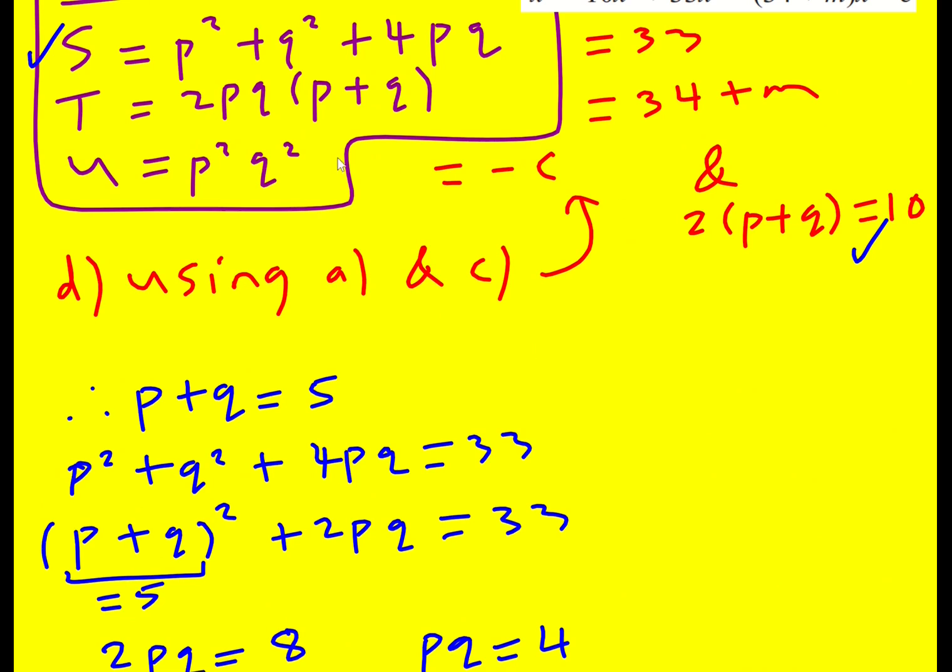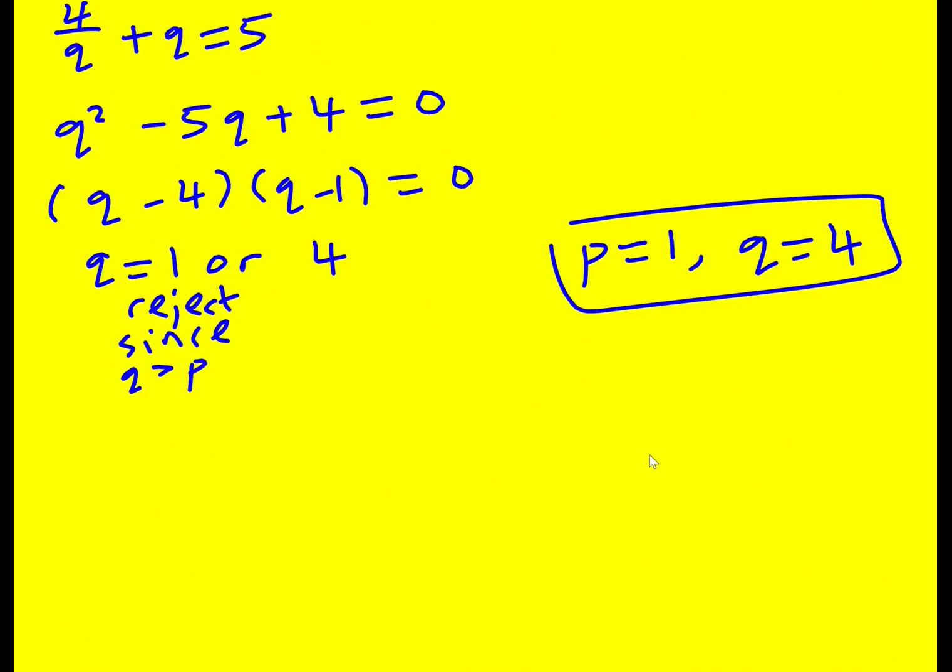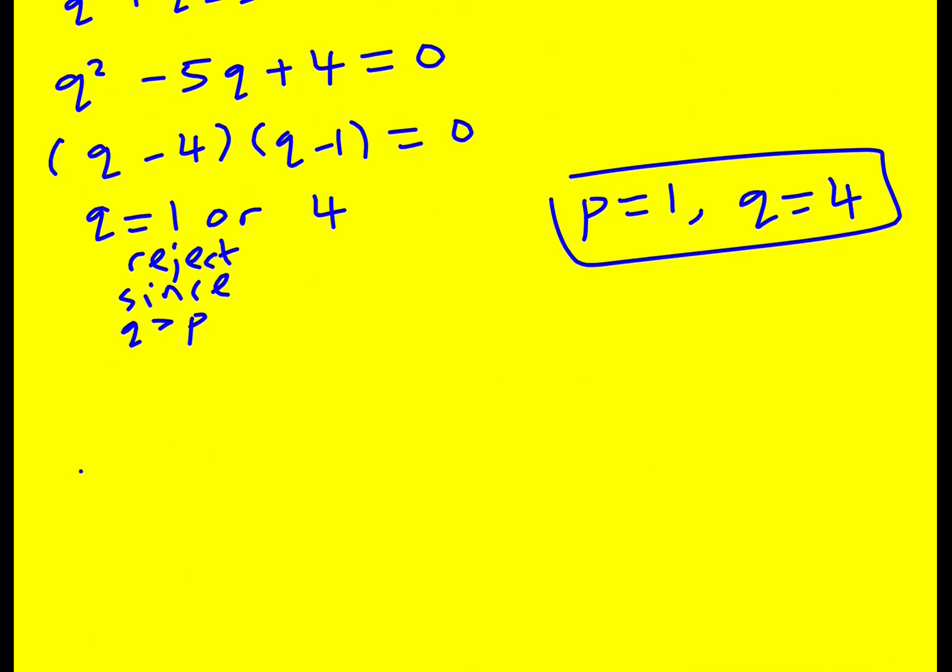So we've dealt with most of the equations. We've now got that minus C is equal to P squared Q squared, so C is equal to minus P squared Q squared, which is going to be 1 times 1 times 4 times 4, minus 16.